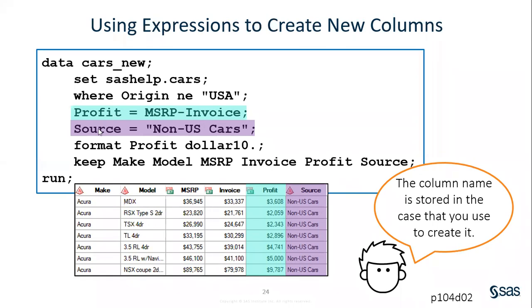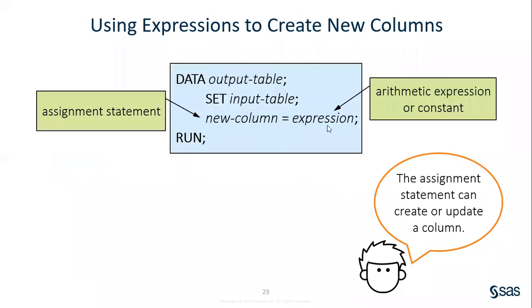Same with the other one. So it will create new columns for the data set cars news. This is one example with an expression, and this is one example with a constant value. As per this, the assignment statement could be an arithmetic expression or a constant.